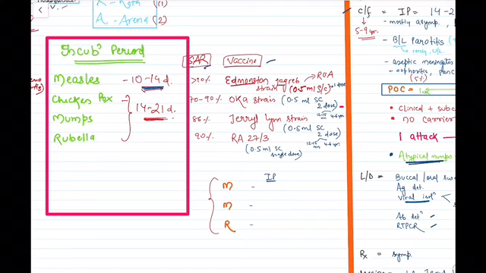You see all the 4 vaccines here are subcutaneous, they are 0.5 ml. The only difference is the middle two, chickenpox and mumps, are double dose and the periphery ones, measles and rubella, are the single dose. So that way also it will help you to remember.